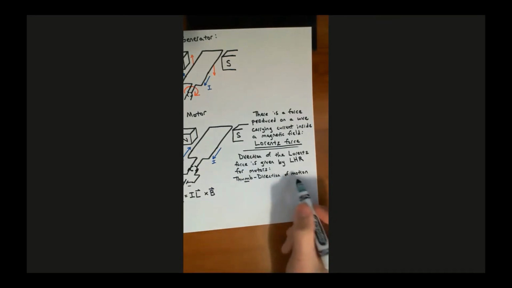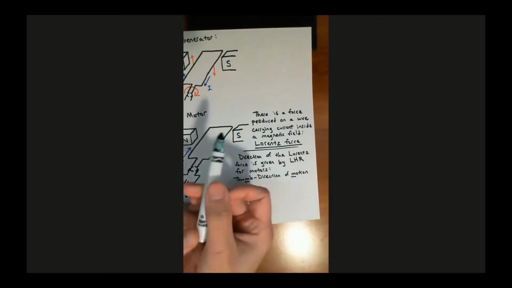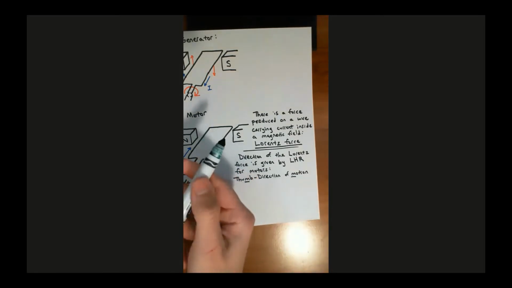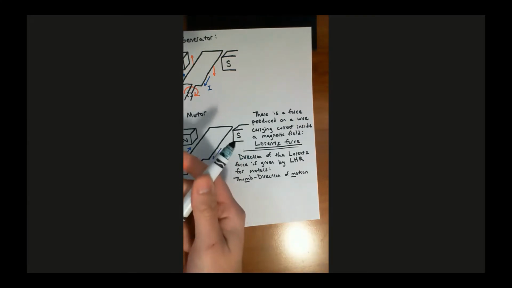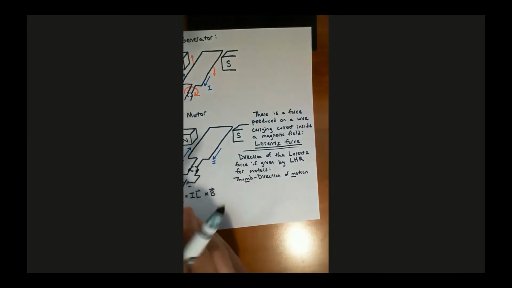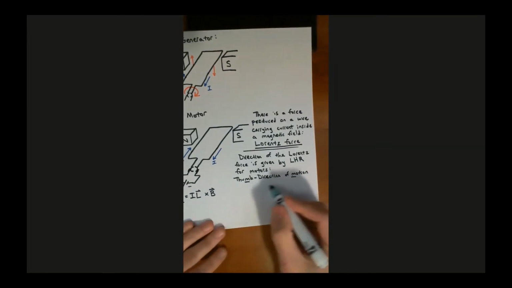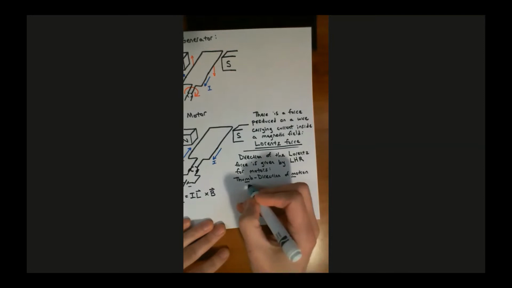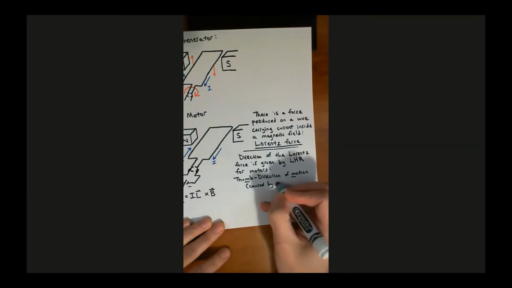I say motion because the mnemonic device works better with the M, and also because it's rotating. Typically, the armature, the rotor of the motor, is going to rotate in the direction of the Lorentz force. So this is the direction of motion, which is caused by the Lorentz force.